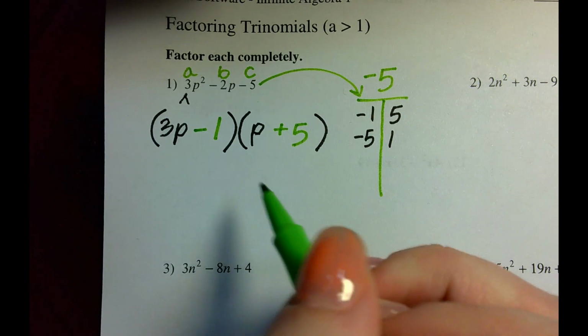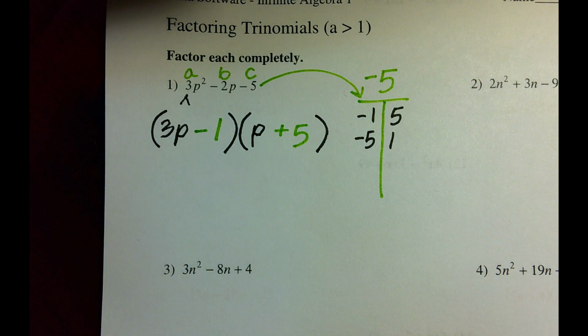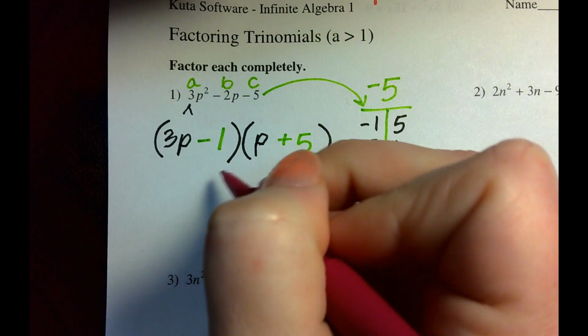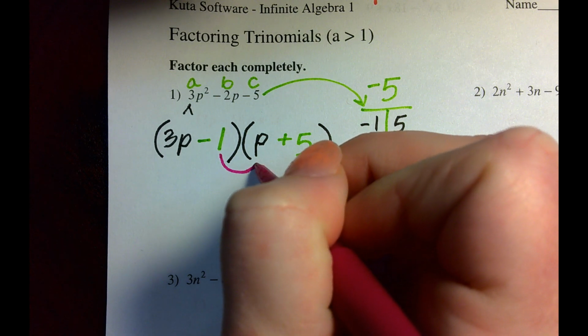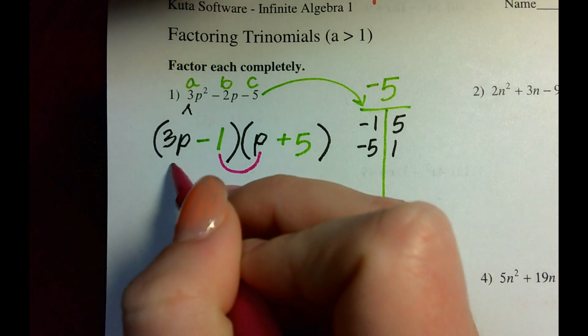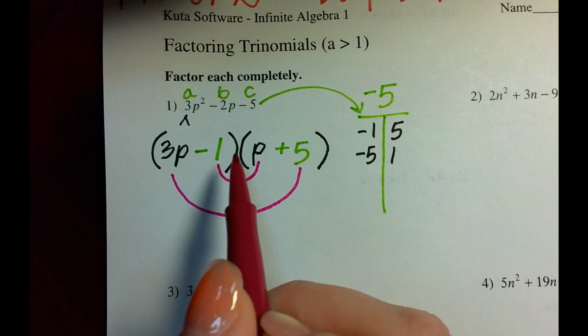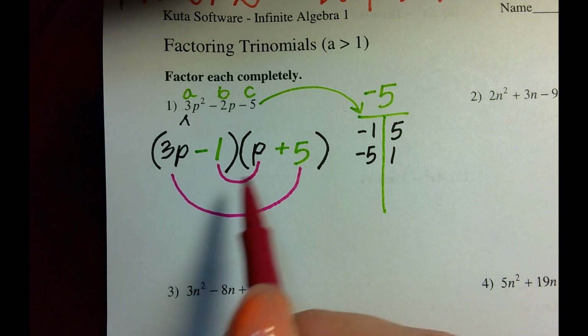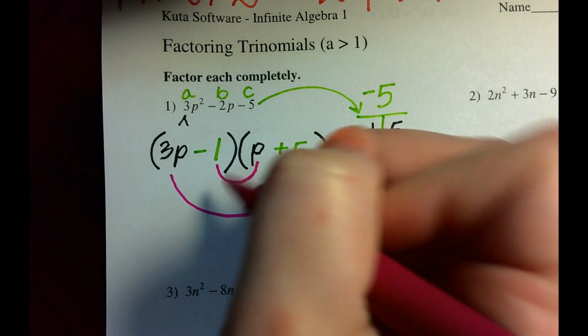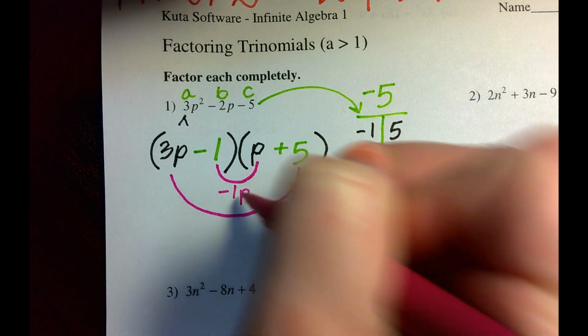And the rainbow method is just where you're multiplying the inner terms and the outer terms. So let's do the inner terms. What's -1 times p? -1p.